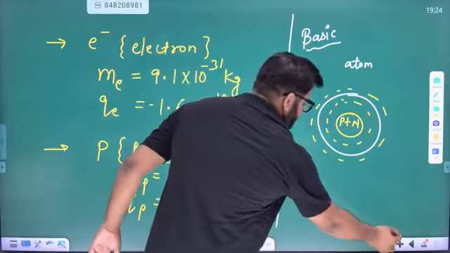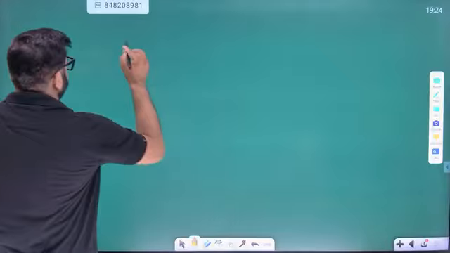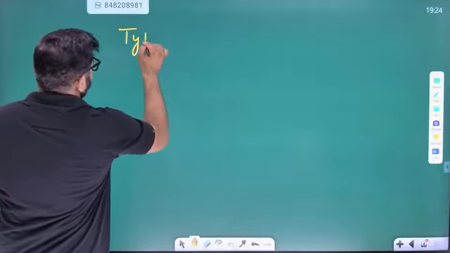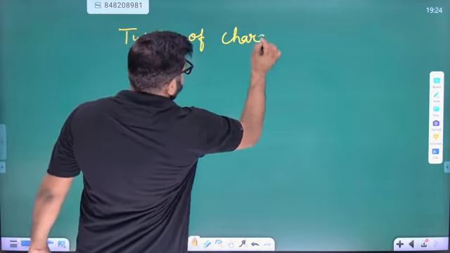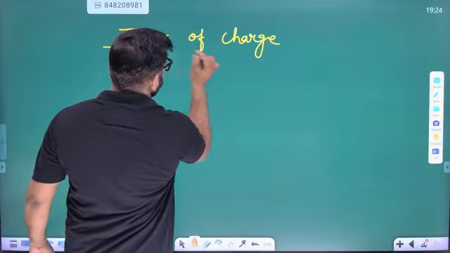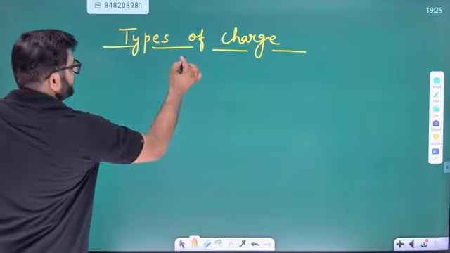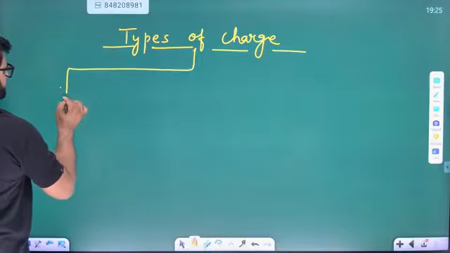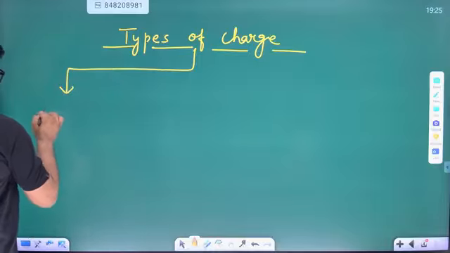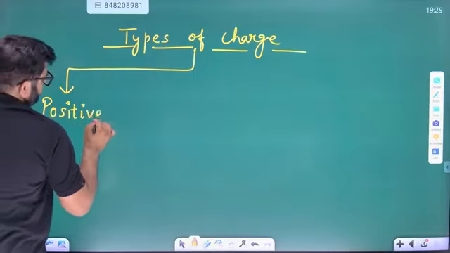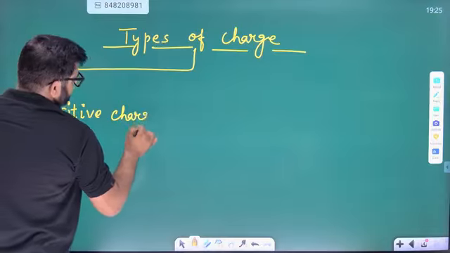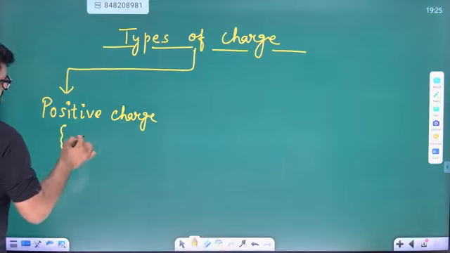Okay, I'll just write it on the next page. Types of charge. We will be writing types of charge. So what are the types of charge? First one is positive charge.